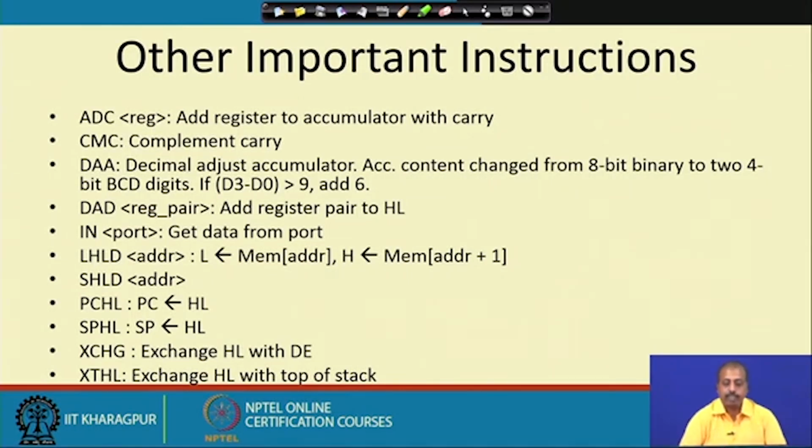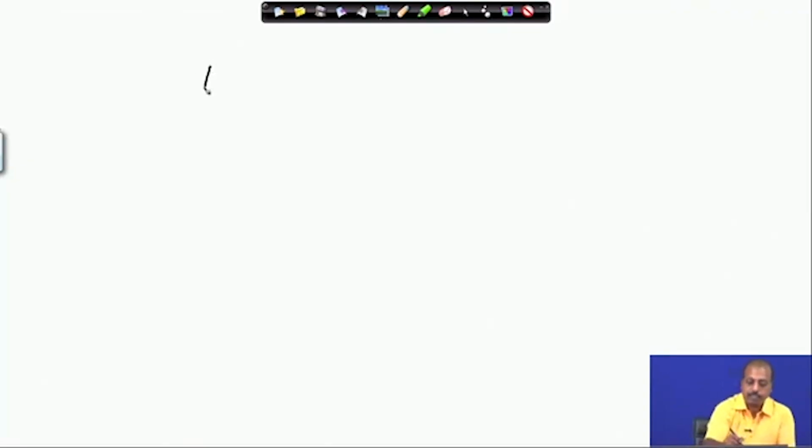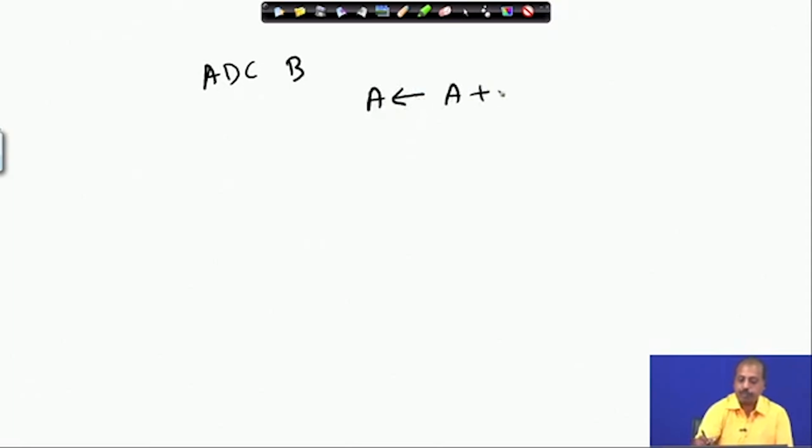Add with carry. Add register to accumulator with carry. So, the instruction is like this: ADC B. What it will do, the register A will get the content of A plus B plus the carry flag. Many times it is necessary, like if you are doing a multi byte addition.